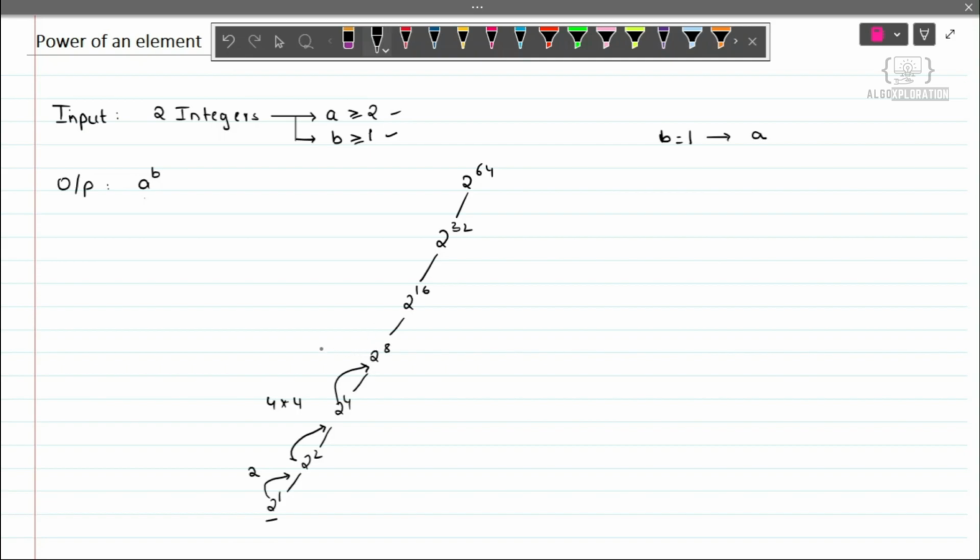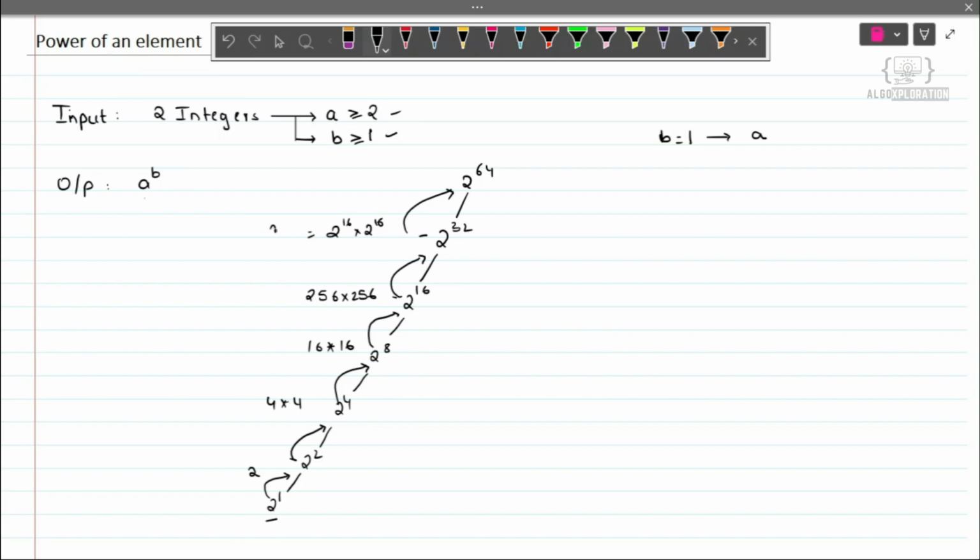Now this will do 16 into 16, and then the next function will do 256 into 256. 16 into 16 is 256, and then it will return to its parent function.